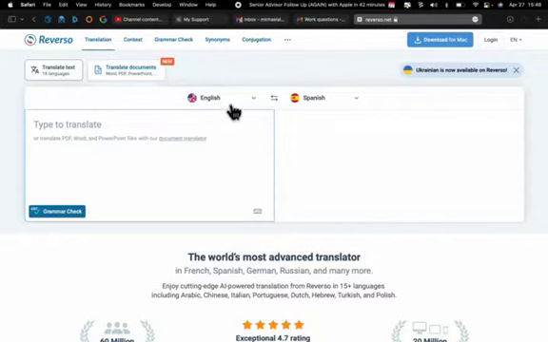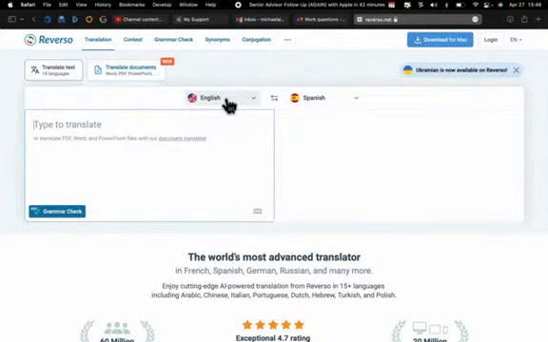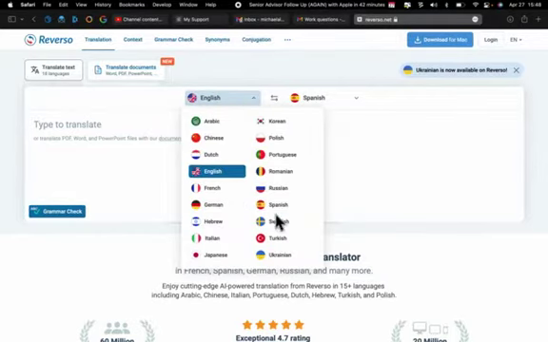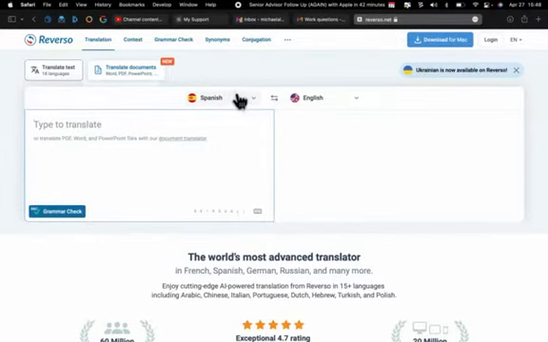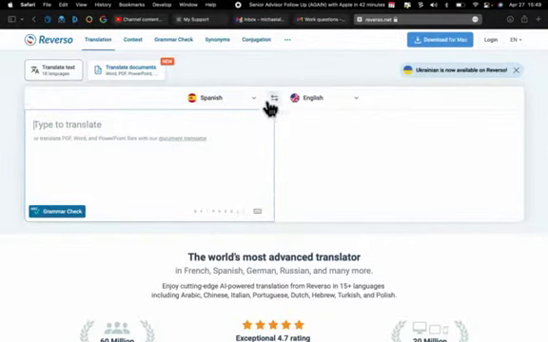Make sure that it's in Spanish if you want to translate from Spanish. Or if you want to start with English, you can either select English here or switch it so English is there. Just make sure that it's English to Spanish or Spanish to English.